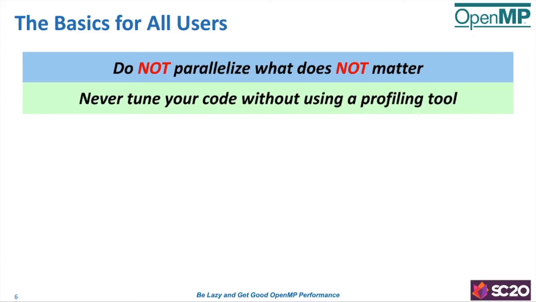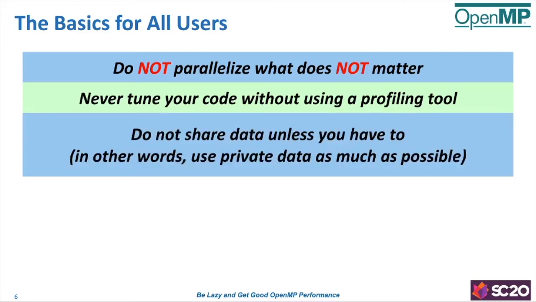And that's where you start parallelizing. Don't parallelize something that does not contribute to the total execution time, because you even run the risk that the parallel computing introduces overhead that will make that part of the code slower, because there's not enough work done to compensate for the overhead. So always use a profiling tool. That'll tell you where the time is spent, and that's where you start parallelizing.